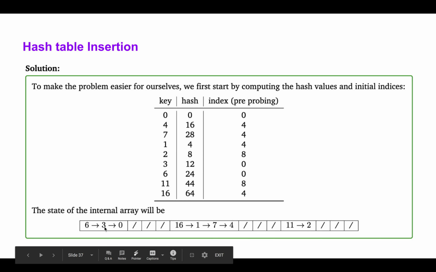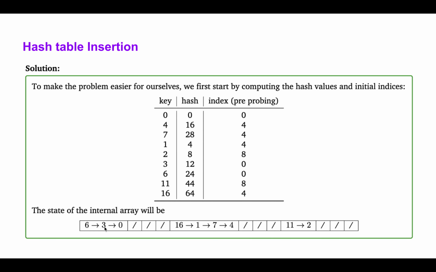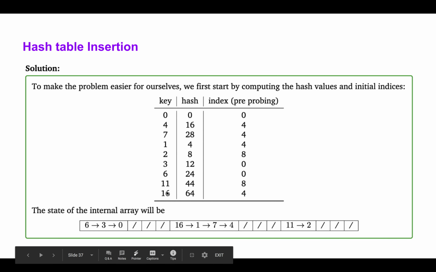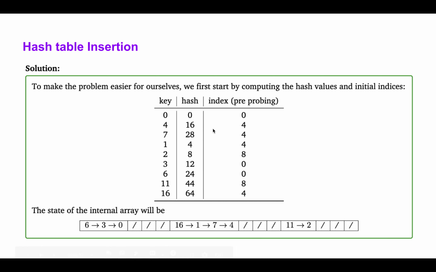One way that might make it easier for you to do these problems is to take each of the keys that you want to insert and first hash it. Take that key, put it through the hash function, which was 4x. So 7 times 4 is 28, 1 times 4 is 4, 2 times 4 is 8. Then take that hash and convert it to an index.